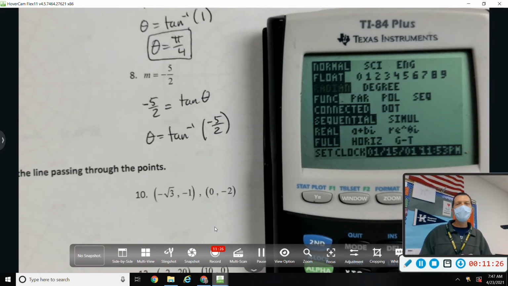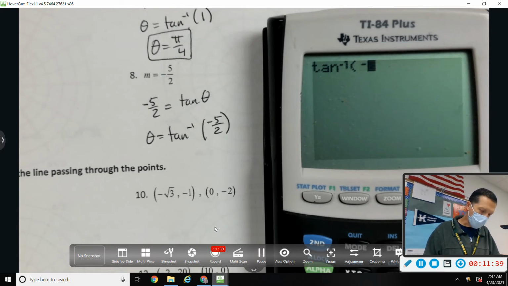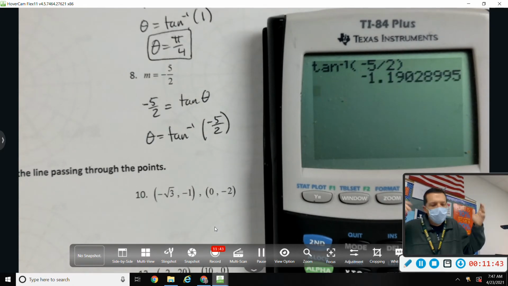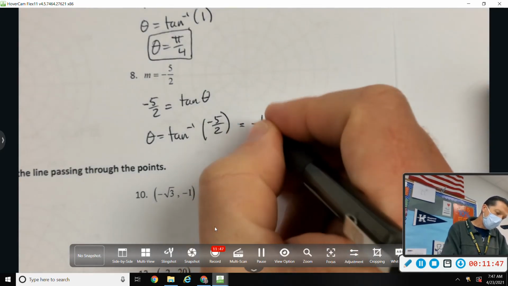Most of you are probably still in degrees. Physics would be in degrees too. So switch to radians. Inverse tangent is probably going to be a weird number because it's not on the unit circle. Negative 1.19.